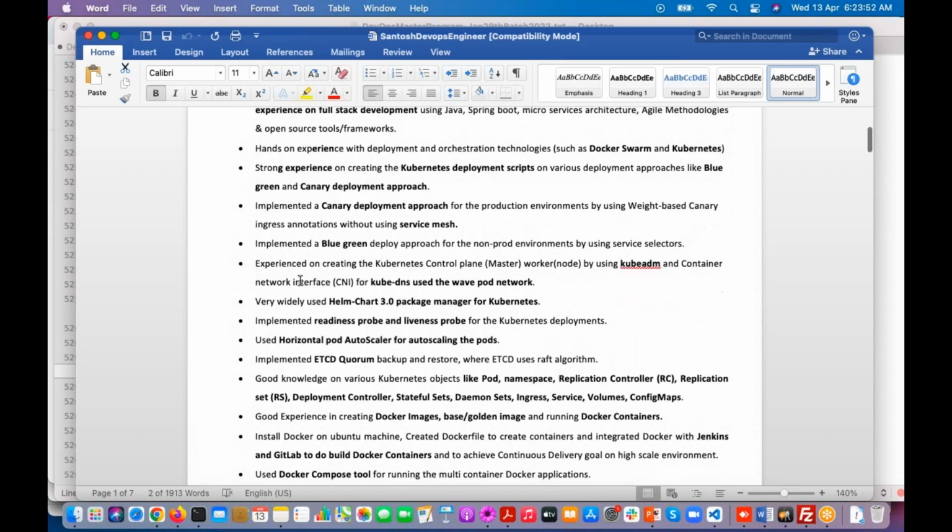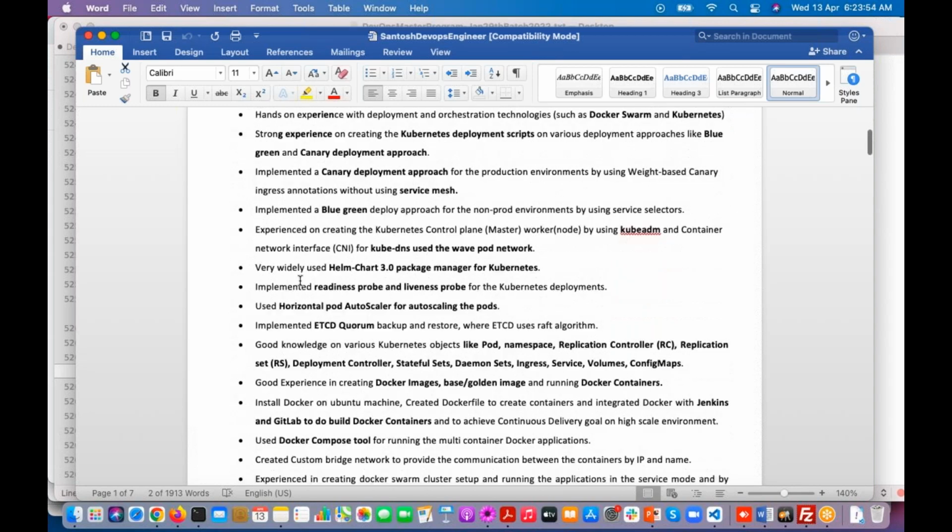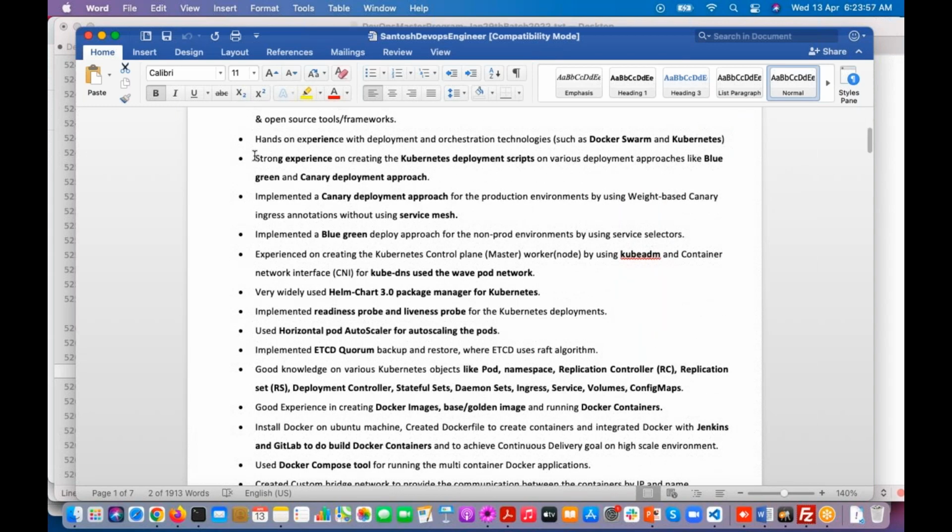He highlighted Docker and Kubernetes mainly, because in the industry, if you are very good in Docker and Kubernetes, they give a very good package.